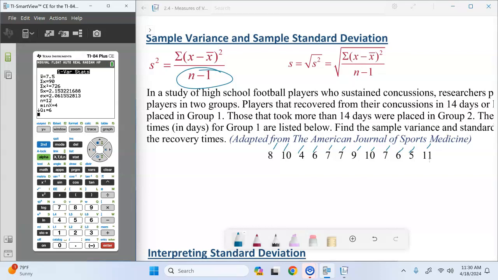Right at the top, X bar. What does X bar mean? What's X bar? Say again. The mean, population or sample. So we have a sample mean of 7.5 for that data set.